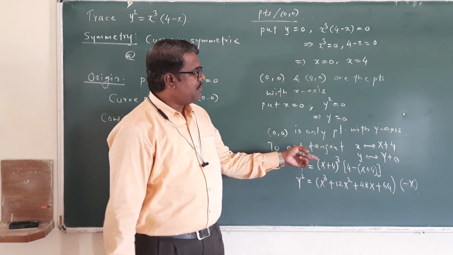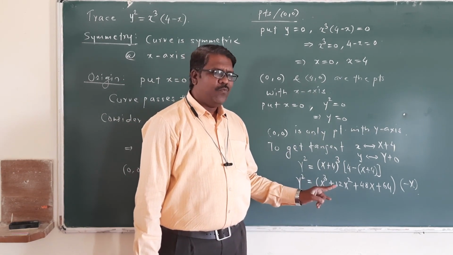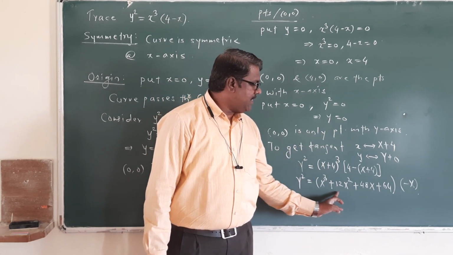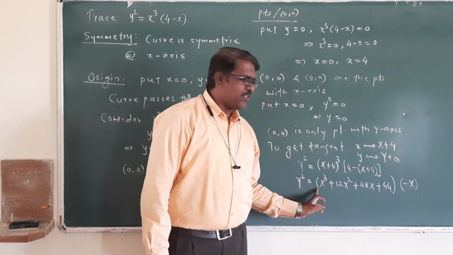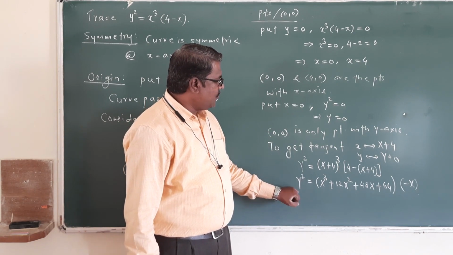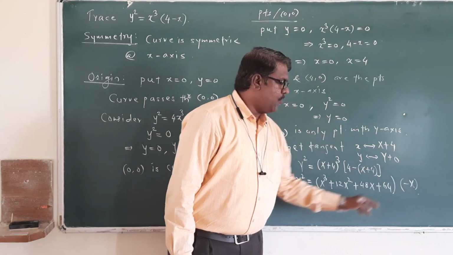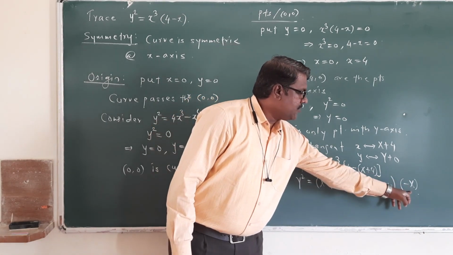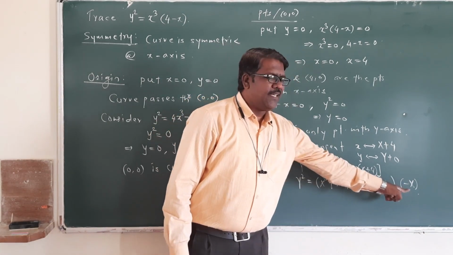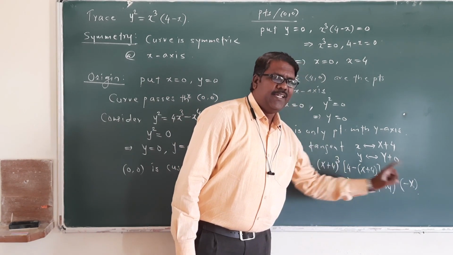Now after shifting of origin, to get the tangent, what do we do? We equate the lowest degree term from this equation to 0. So which is the lowest degree term? When I multiply this X cube with this X, degree is 4. X square with X, degree is 3. X with X, degree is 2. But this constant into X, degree is 1.